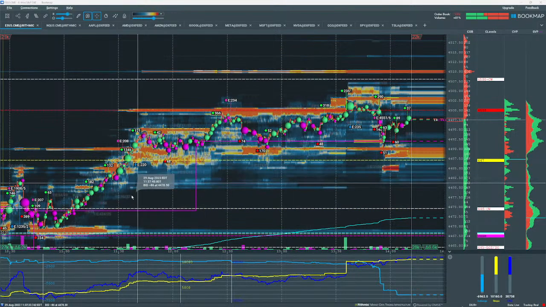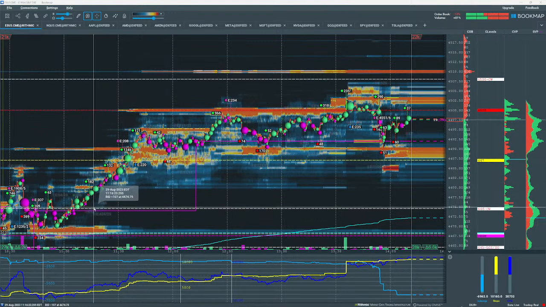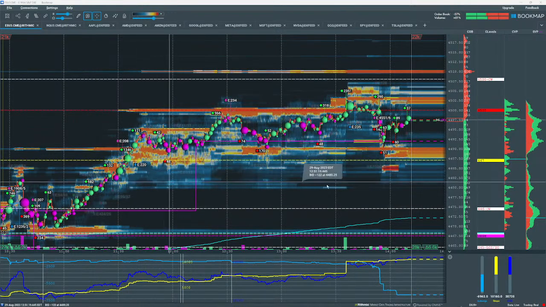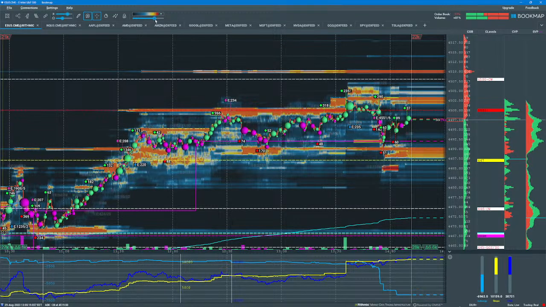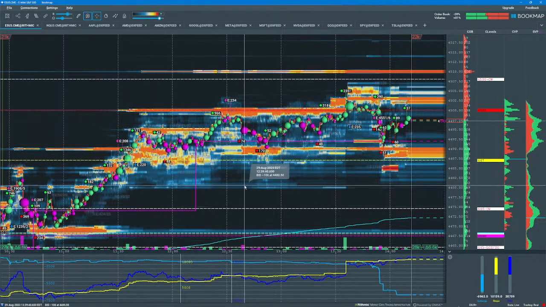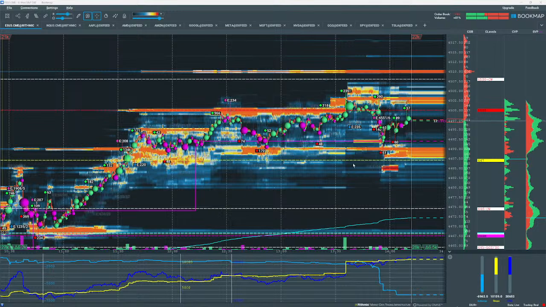So after this push higher that began around 11 a.m., note the liquidity coming in. The heat map is showing a history of the limit orders, the passive limit orders in the order book. And note all the buyers coming in.